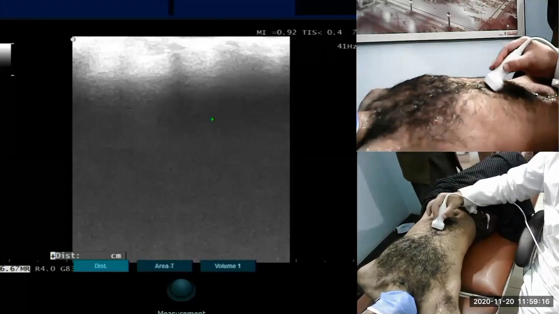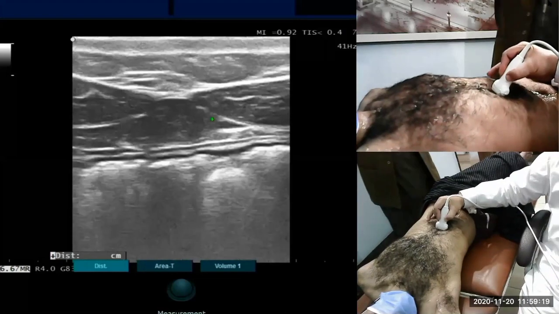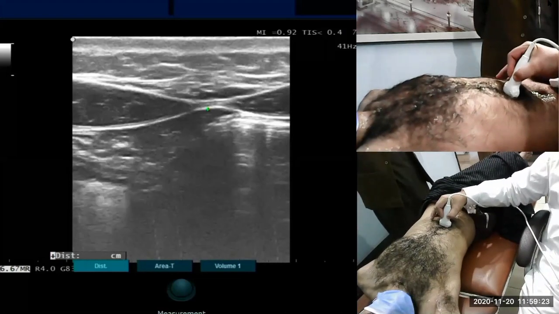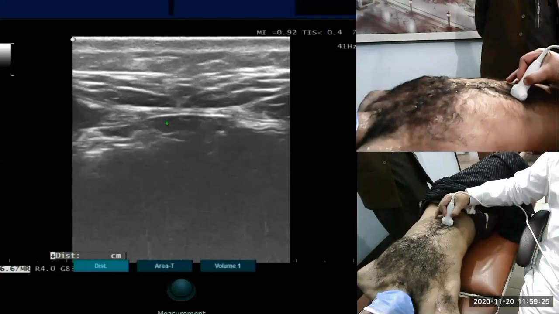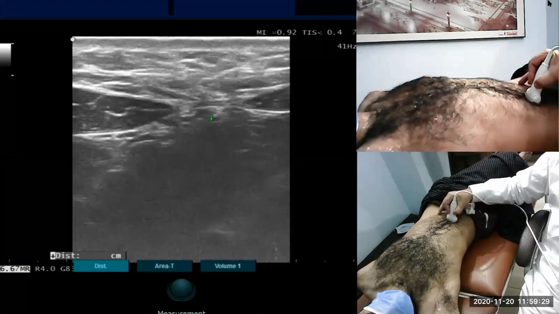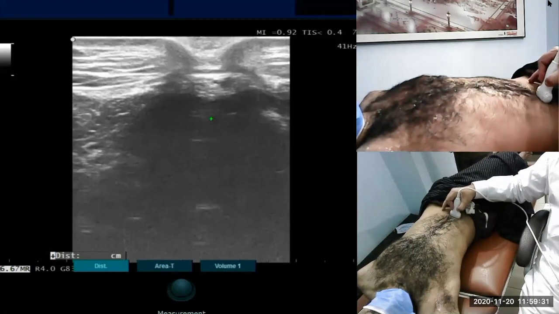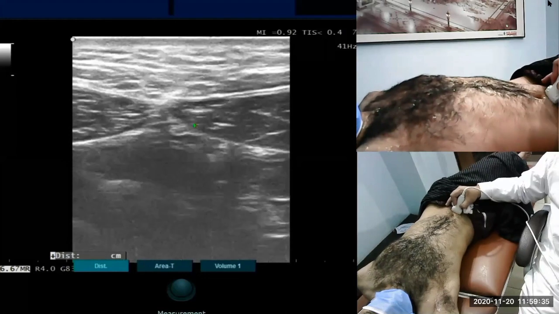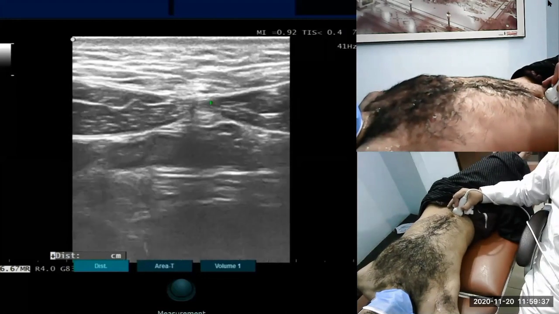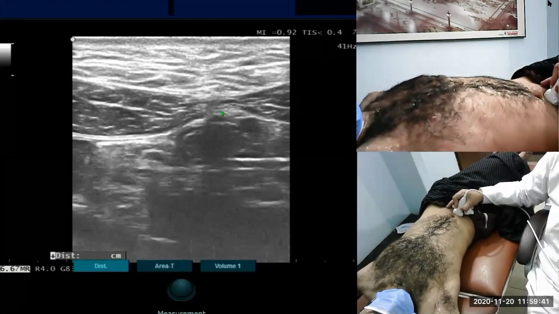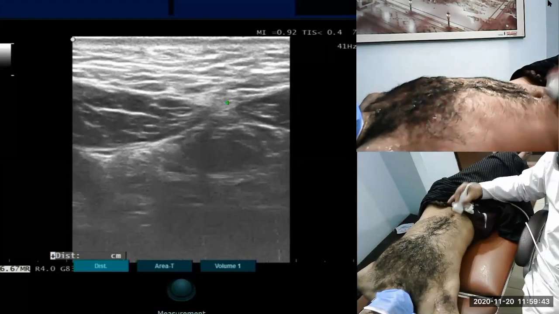So this is it. You see the linea alba here, the two rectus muscles on this and this left side, linea alba till we reach the umbilicus. Again you see the two recti, and in the midline they are joining at the linea alba.